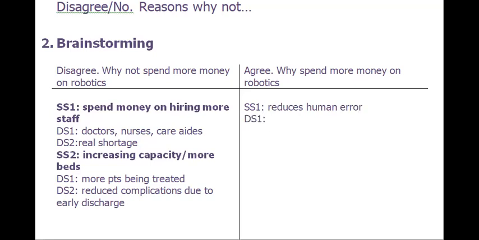Developing sentence 1 could be something like, we're focusing on surgery, so you could describe a little bit more what you mean by reduces human error. So we can say doing surgical procedures. For developing sentence 2, you could develop a little bit more and say the precision, precise incision.